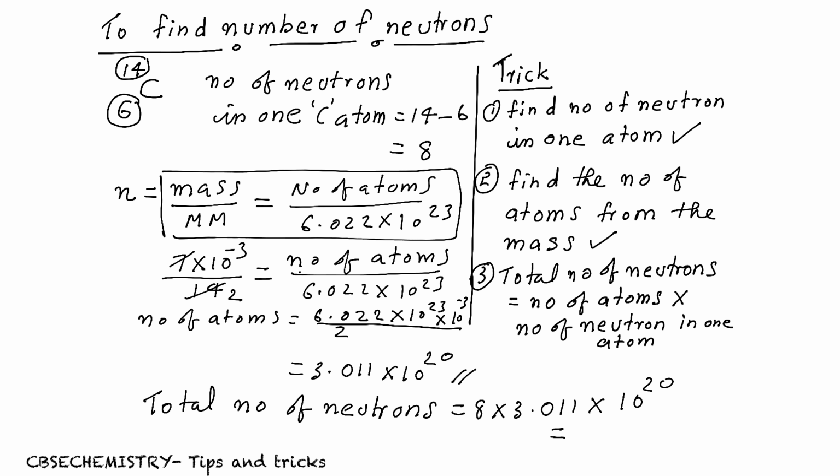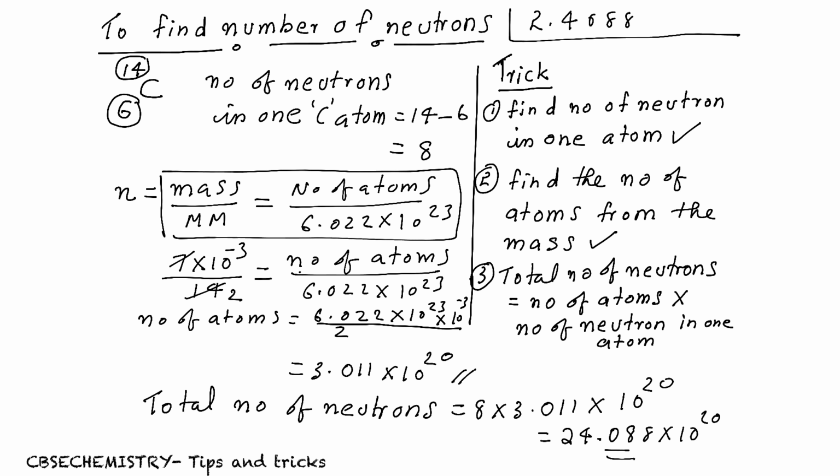So it will be like 24.088 into 10 raised to 20. In scientific notation, if you want, the answer will be 2.4088 into 10 raised to 21. Both are okay.